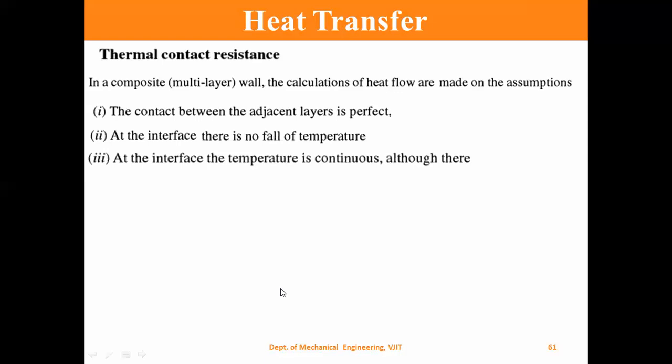And at the interface, the temperature is continuous. There is no drop, and the temperature is the same, although there is a discontinuity in the temperature gradient. So these are the three assumptions which we are making in the calculations of the composite wall or composite slab.